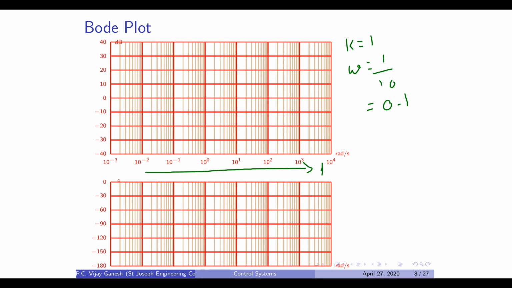So this is what is represented here. It's a frequency domain. So at 0.1, we are going to plot here. So this is the value of 0.1.